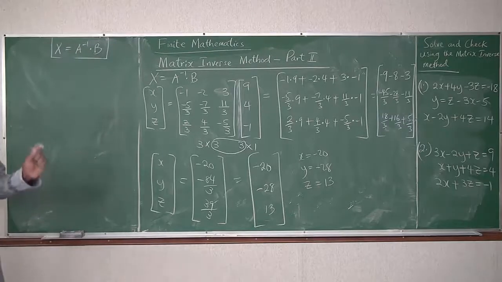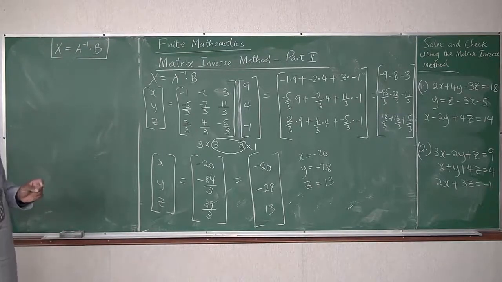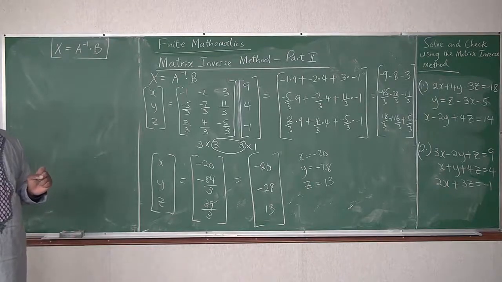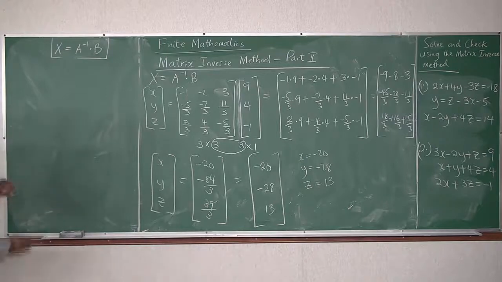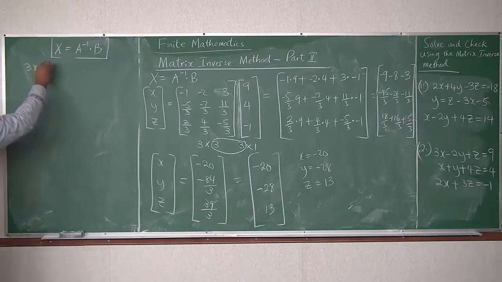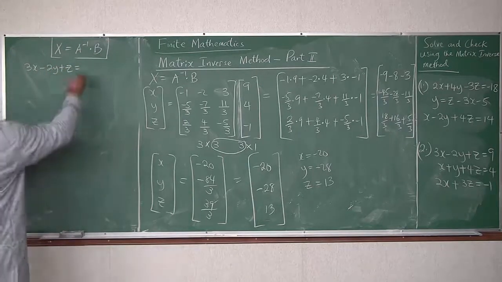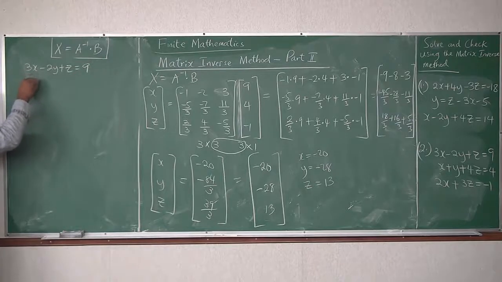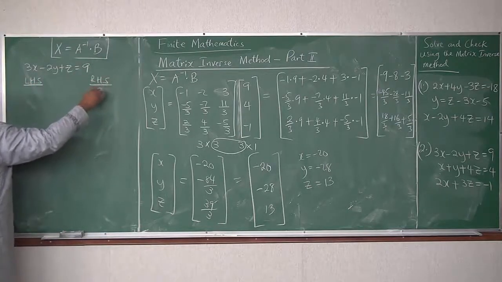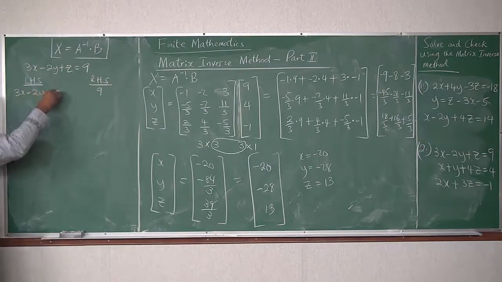In checking, we use the main equation, not the modified equation. And it must be true for equation 1, equation 2, and equation 3. Equation 1: 3x minus 2y plus z is 9. Left hand side, right hand side. Right hand side is 9, left hand side is 3x minus 2y plus z.